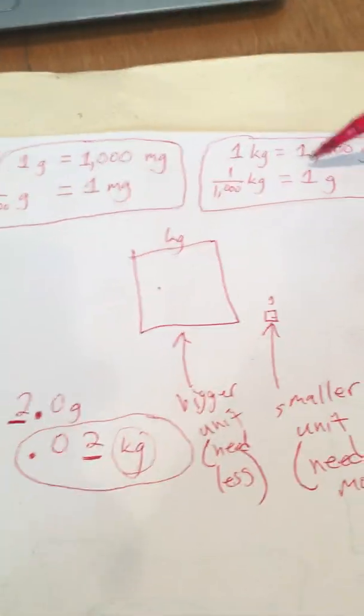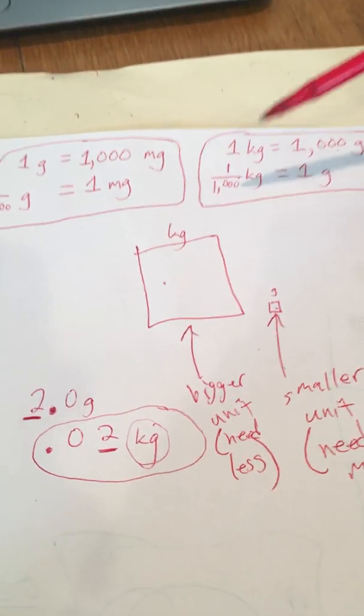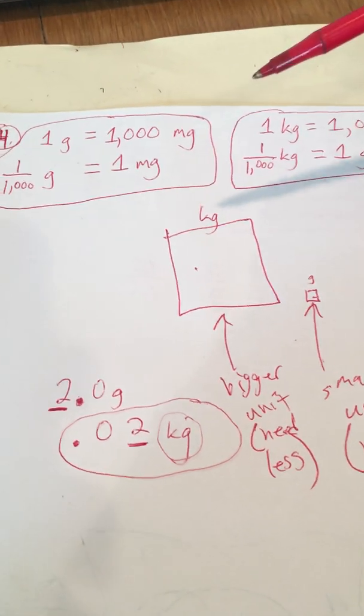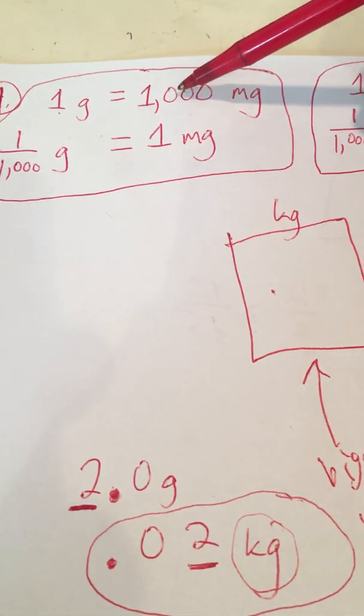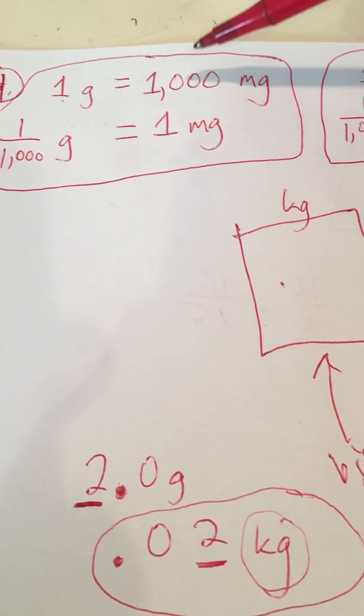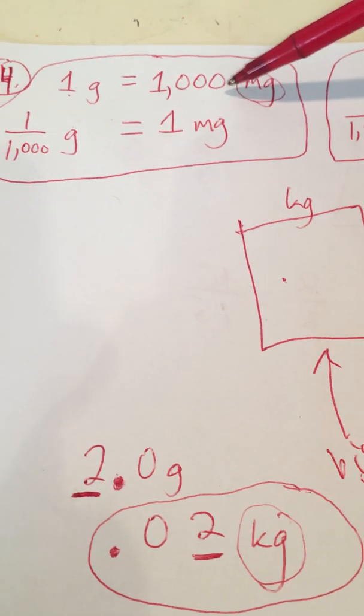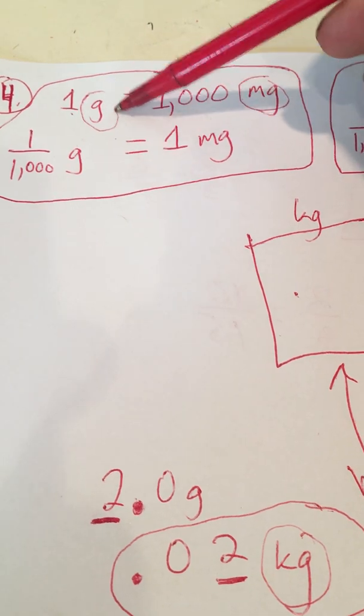So let me give you these. You need to know these 2 conversions. They will not give you this on your reference sheet. This is something that you need to know, and we're going to have to just practice in order to learn it. So 1 gram is 1,000 milligrams. Okay, so milligrams are a smaller unit because 1,000 of them equals 1 gram.